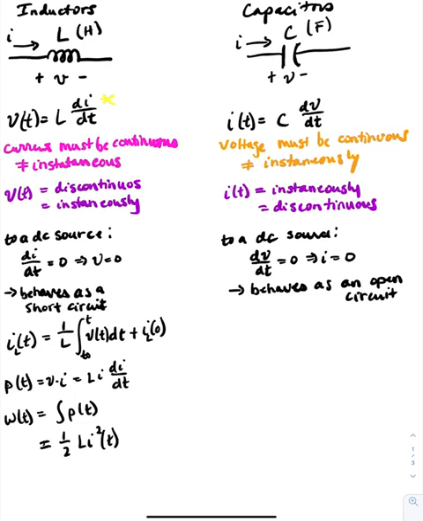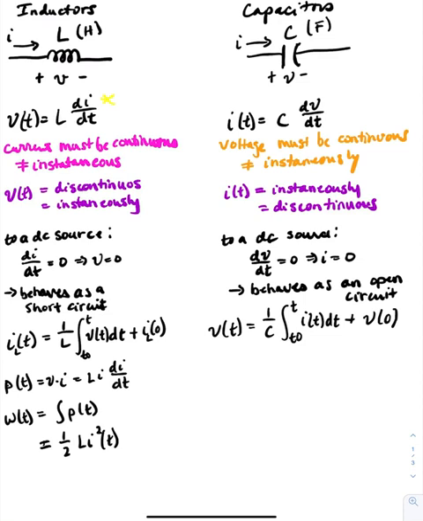All right, the alternate equation for capacitors is for voltage. So voltage across a capacitor is 1 over the capacitance times the integral of the current plus the initial voltage across the capacitor.